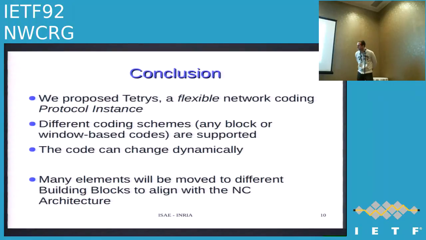Yeah, but I guess your scheme can subsume what they want. Yes, exactly. Just a clarification: when you say change the code, you mean actually the coefficient generator? Yeah, the way to generate the coefficients, exactly. Okay.